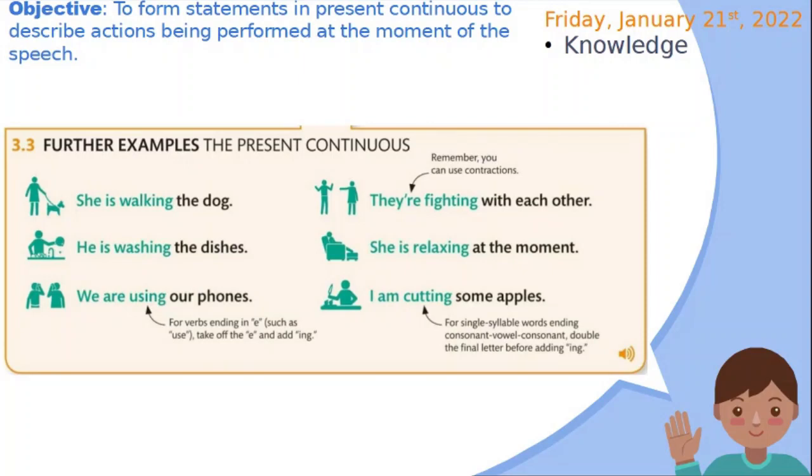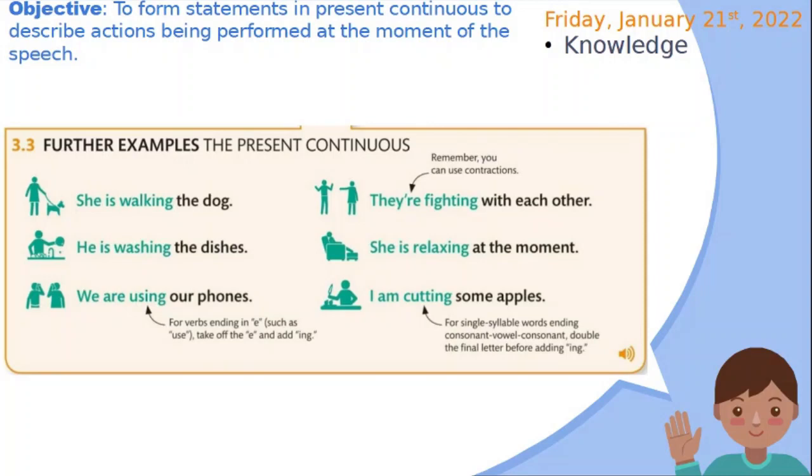So like cut, cutting with the double T, or bet, betting with the double T also, or hop, hopping with a double P. So all of those verbs that are formed consonant, vowel, consonant need to double the final consonant of the verb.